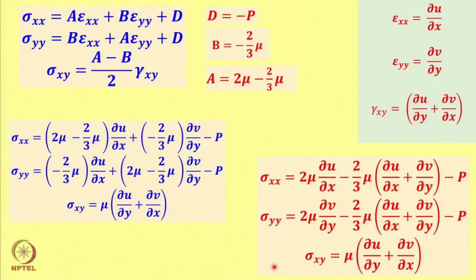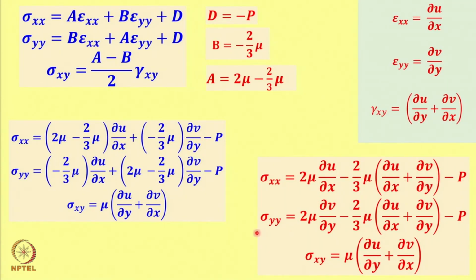So next is, if I substitute this d as minus p, b as minus 2 by 3 mu, a as 2 mu minus 2 by 3 mu, I get sigma xx equal to 2 mu minus 2 by 3 mu del u by del x plus minus 2 by 3 mu for b del v by del y minus p. So if I do the algebra, I get 2 mu del u by del x minus of 2 by 3 mu del u by del x plus del v by del y minus p.